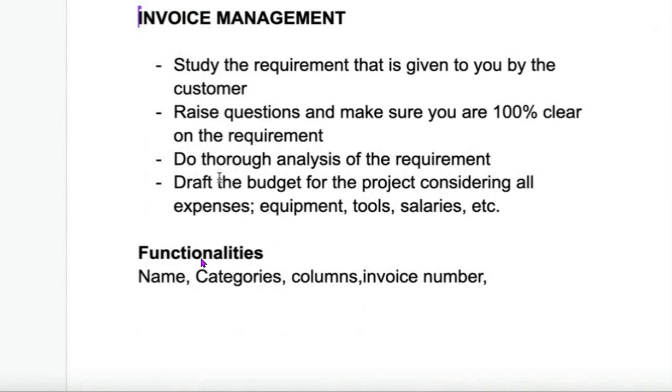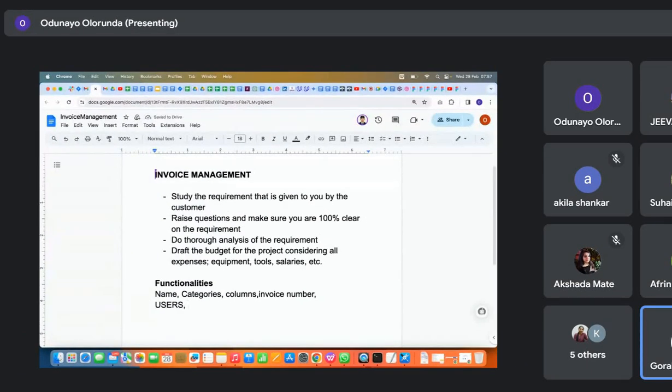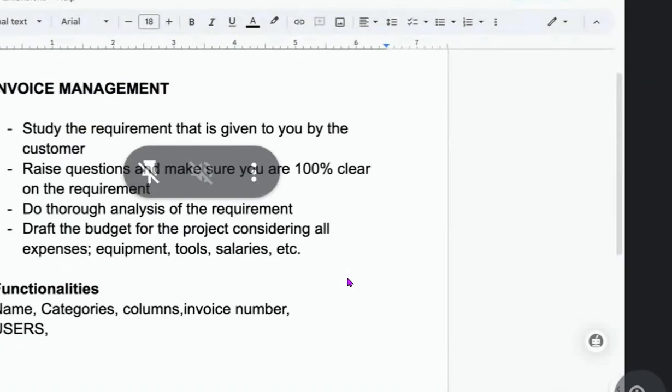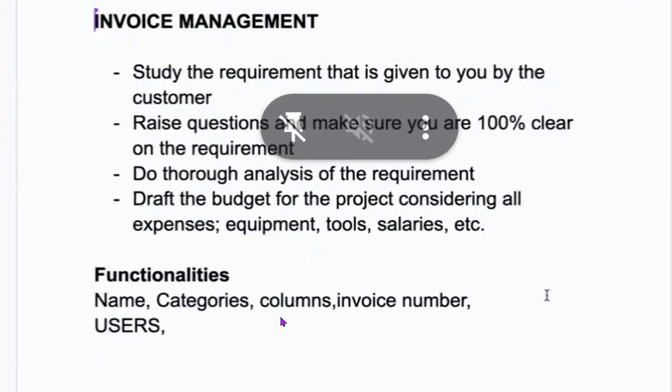So let's say an invoice management system is there. First, we will see who are the users of an invoice system. So can you write users? Next line, you say users colon. So who are the users or customers of an invoice management system? Just think and then write down.